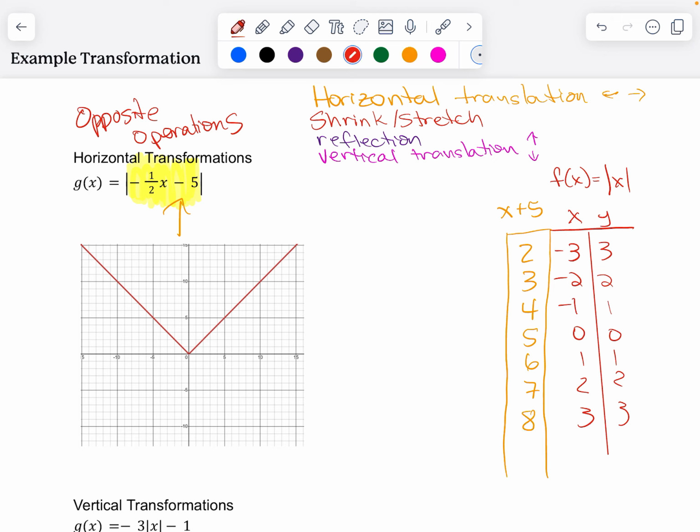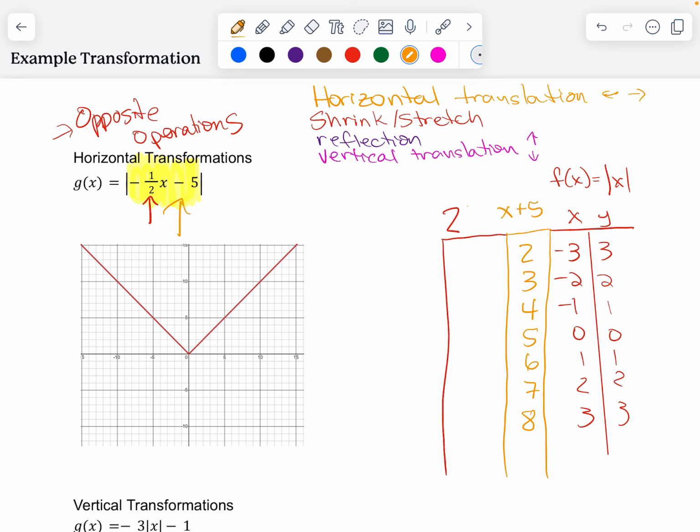Then the next part is the shrink and the stretch. So that's this part right here. That's the shrink or the stretch. So again, opposite operation. So the opposite of multiplying by 1/2 is to multiply by 2.